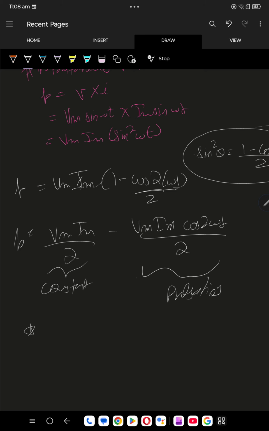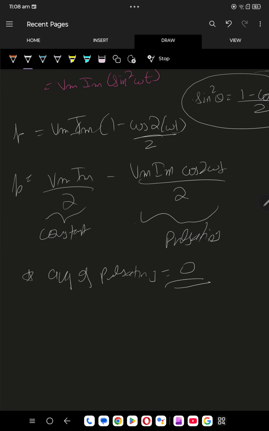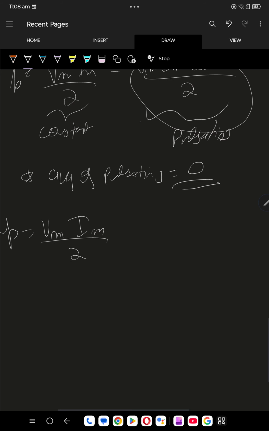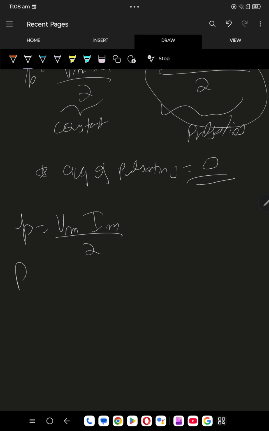What you have to remember is that the average of the pulsating term over a cycle is always 0. So this becomes 0, and P equals Vm Im by 2. This is P average, P average equals Vm Im by 2.